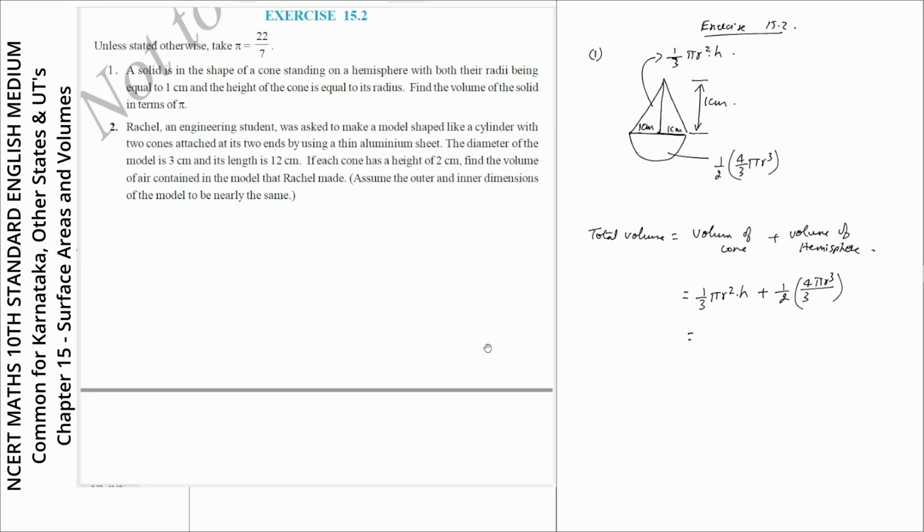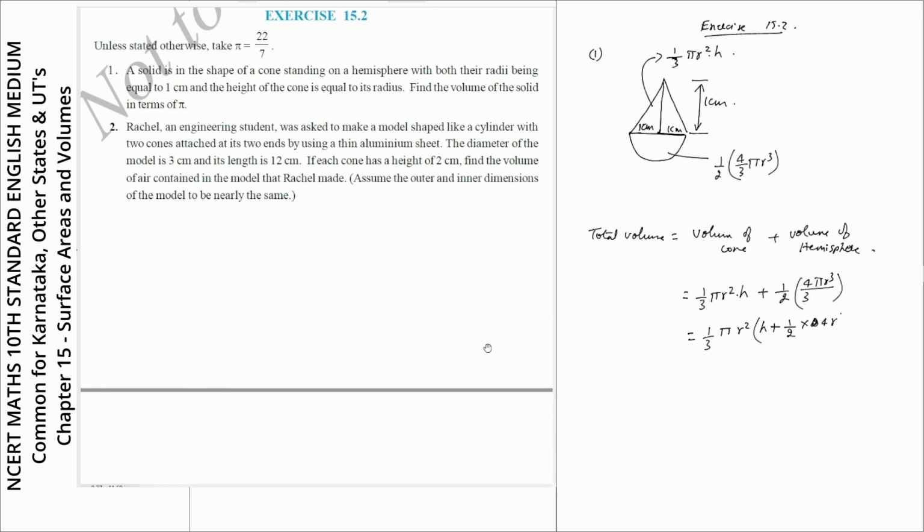Now what can I take common here? I can take 1 by 3 common, pi common, and r square common. What I'm left with is h plus 1 by 2 into 4 r.